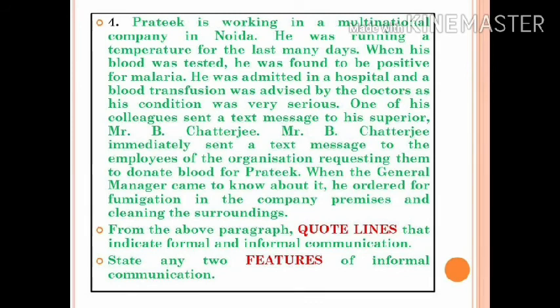From the above paragraph, quote lines that indicate formal and informal communication and state any two features of informal communication. So here you don't have to identify or explain. Clear. Here it is clearly written that it is about communication. Communication means it is from the directing chapter, about formal and informal communication.